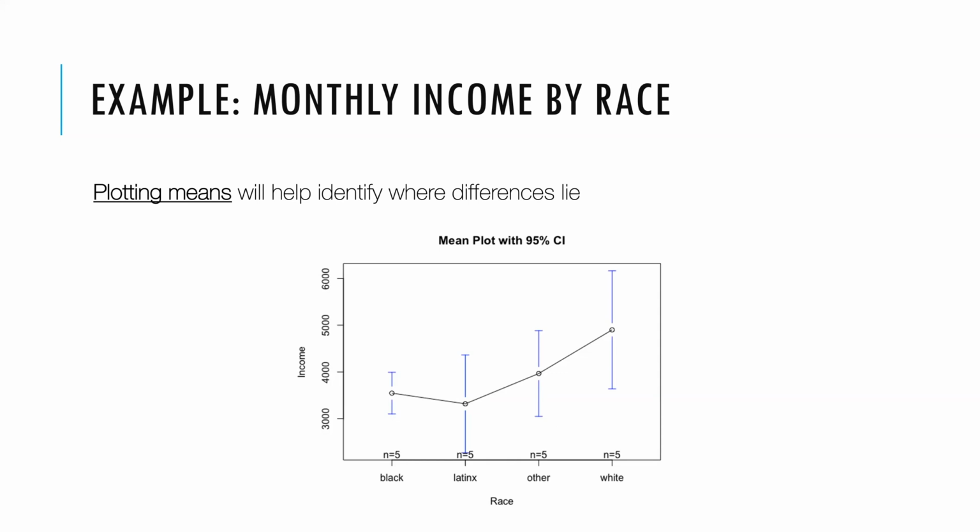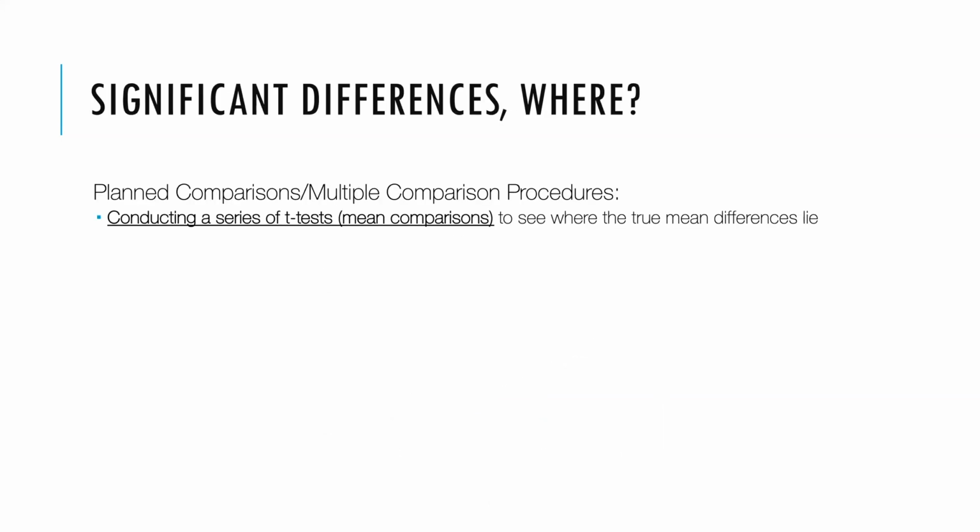So beyond plotting the means, we can do some post-hoc tests, multiple comparison procedures. Much like we said before, we can run a series of t-tests to see if these differences exist, but controlling for omnibus or overall alpha levels by using the ANOVA. So while conducting t-tests is important, we use it as a post-hoc check after the analysis, rather than the actual analysis.